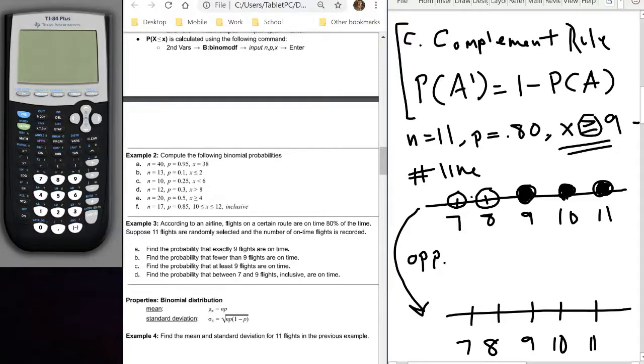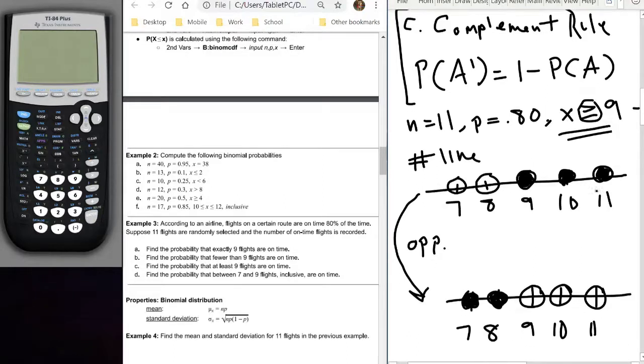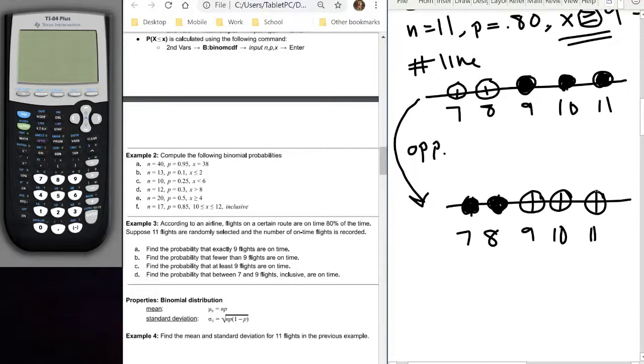So if you see open circle, they'll be closed now. And if you see closed circle, now they're open. Now, keep in mind what we did before with the previous example. We look for the highest number that we can equal to. Here we cannot equal to 11.